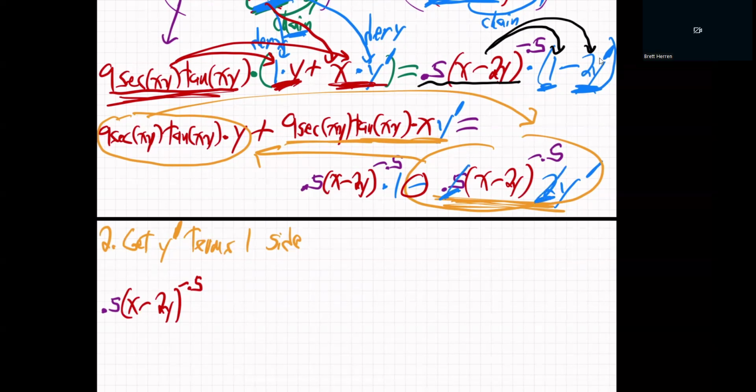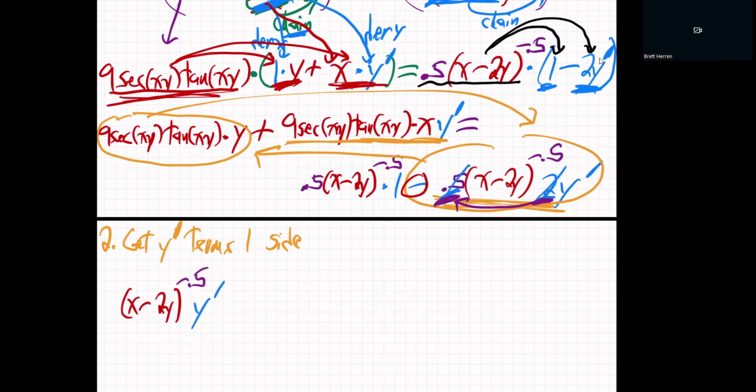Because half times 2 is just 1, they're gone. Let's make life nicer and get rid of that. That's just 1. You can always move around the order of multiplying. Two halves is a whole, it's 1. Okay, y prime.